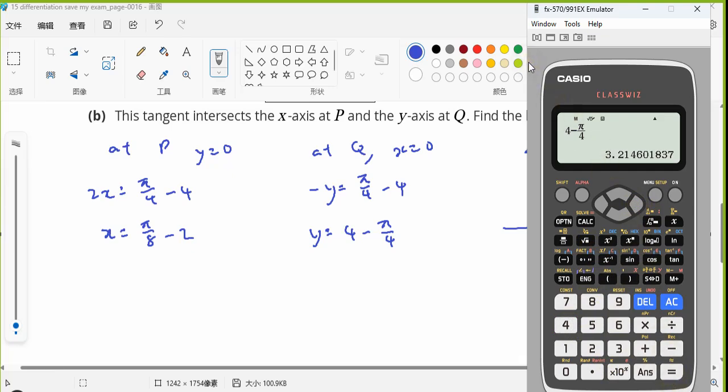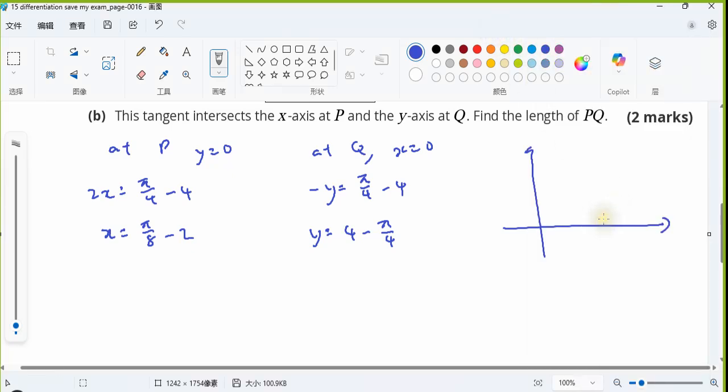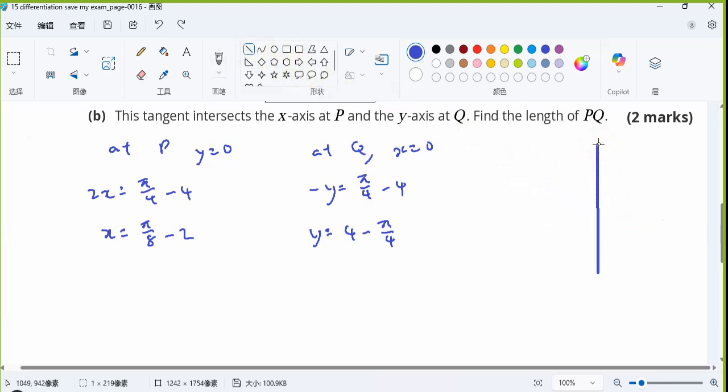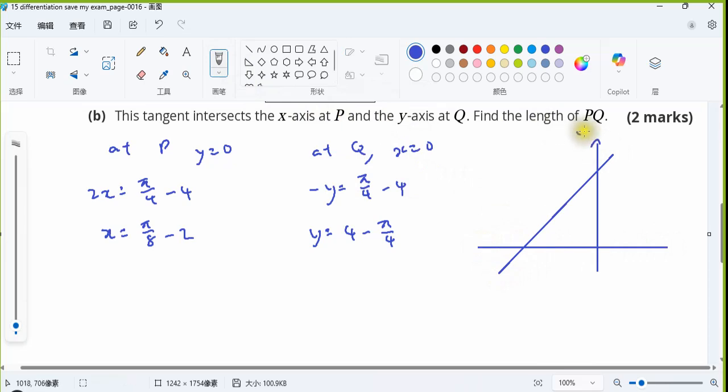Oh, this is positive. So what we have is something like this. So the x and y intercepts are pi over 8 minus 2 and 4 minus pi over 4. This is P, this is Q. So we want to find the length of PQ, Pythagoras theorem.